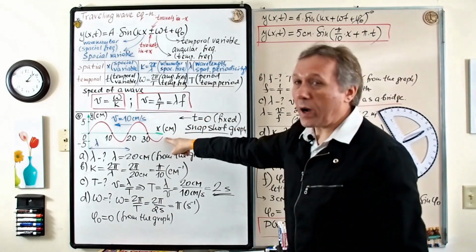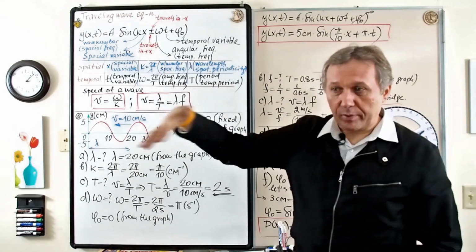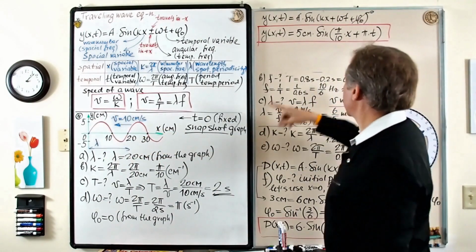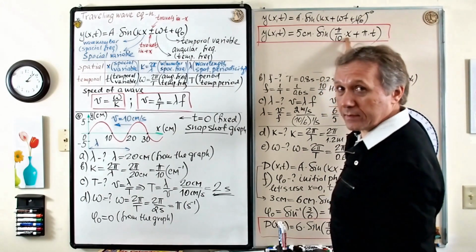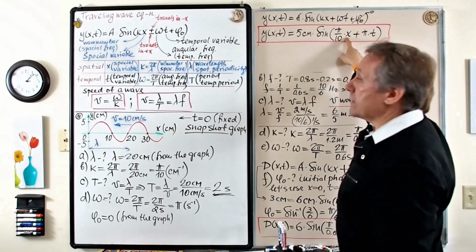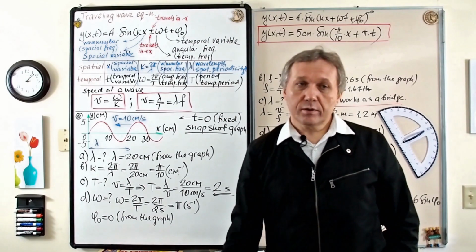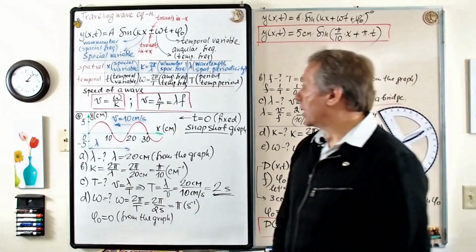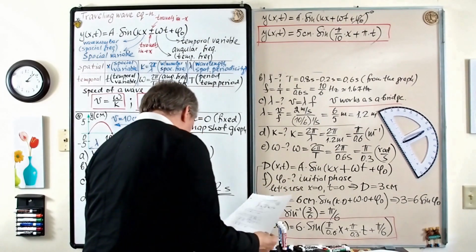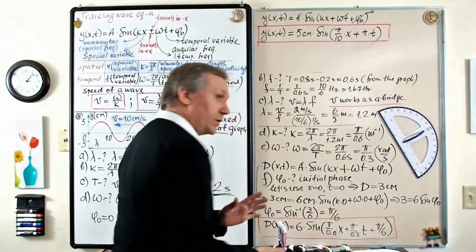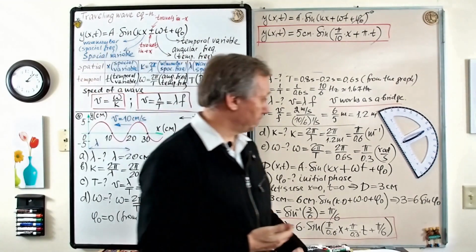If we had here y, it means that the wave propagates along the y direction, we would have here y. Again, every time this coordinate, in this case x, tells us along which axis a wave propagates. Okay, enough of this problem. Now let's look at the last one.